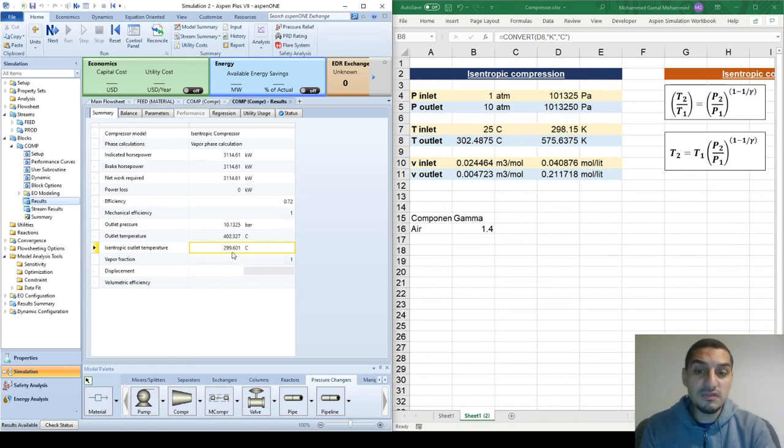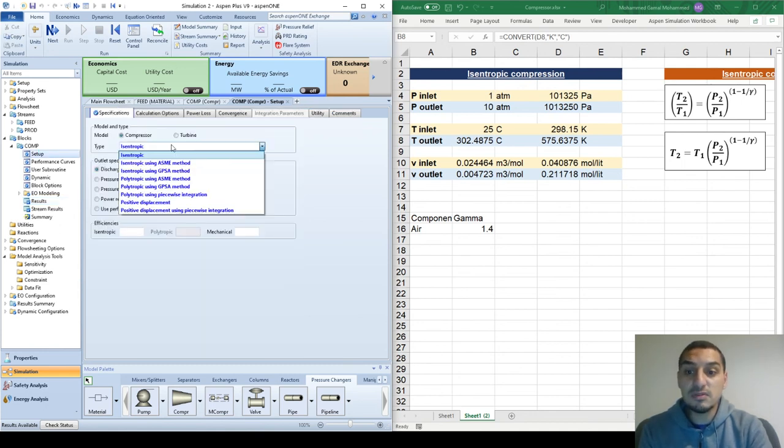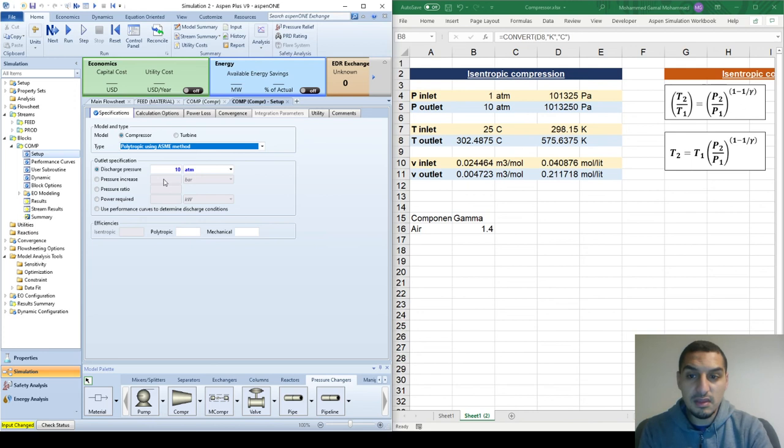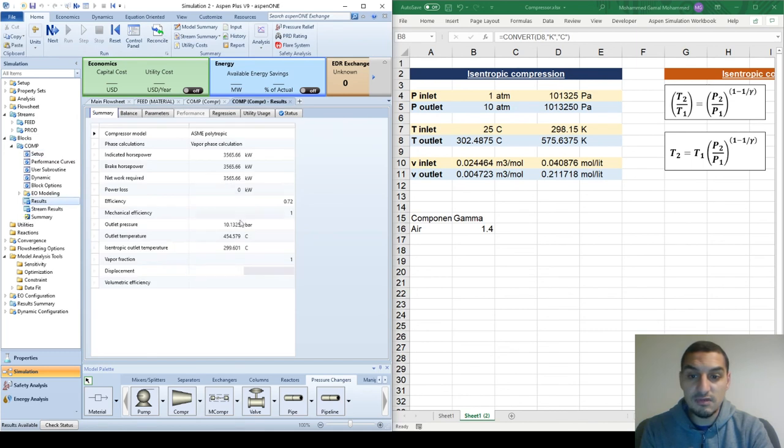In case of efficiency, the calculations would be more complex, and in case of using polytropic compression, it's going to be again more and more complex. So in the results, you'd see that the values change a lot. It was around 400 and now it's 450.